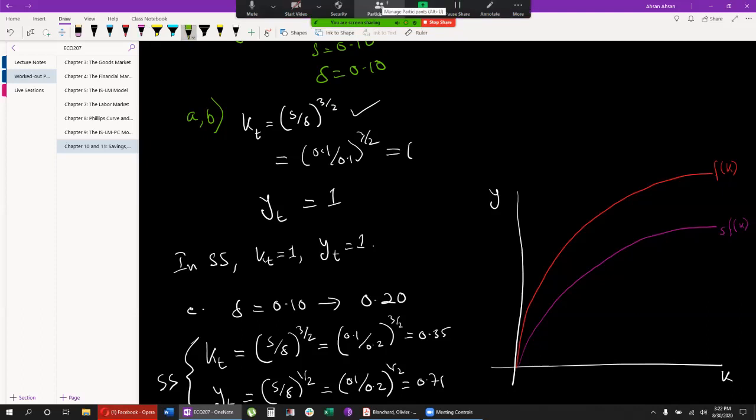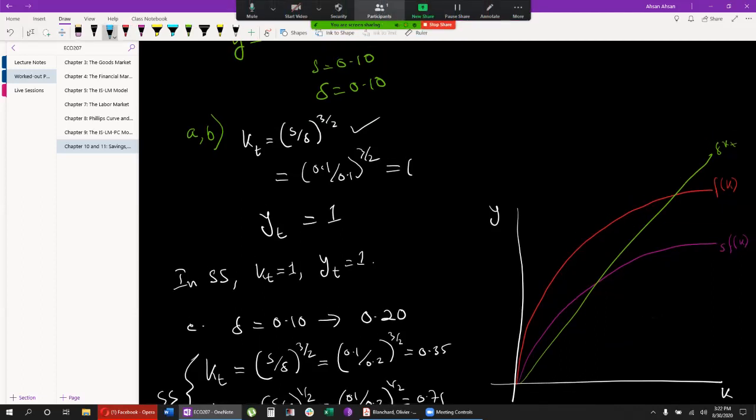We have depreciation. What we had initially was that this was our steady state.